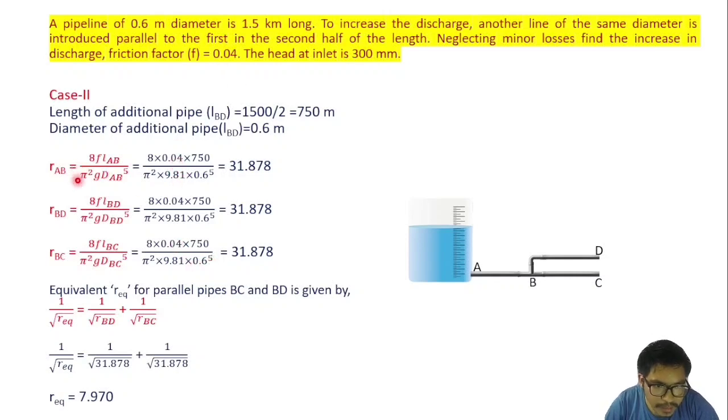So RAB is equal to RBD, which is also equal to RBC, that is 31.878. So the equivalent for pipes BC and BD is given by this formula. So R equivalent we got 7.97.